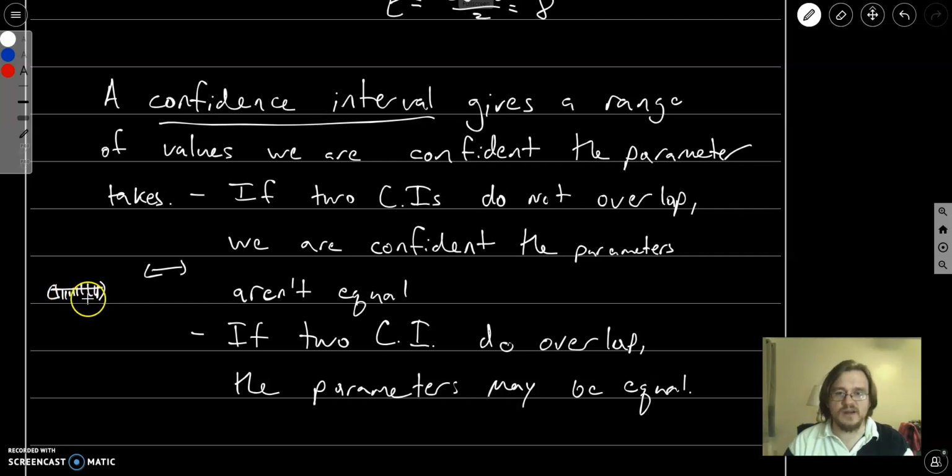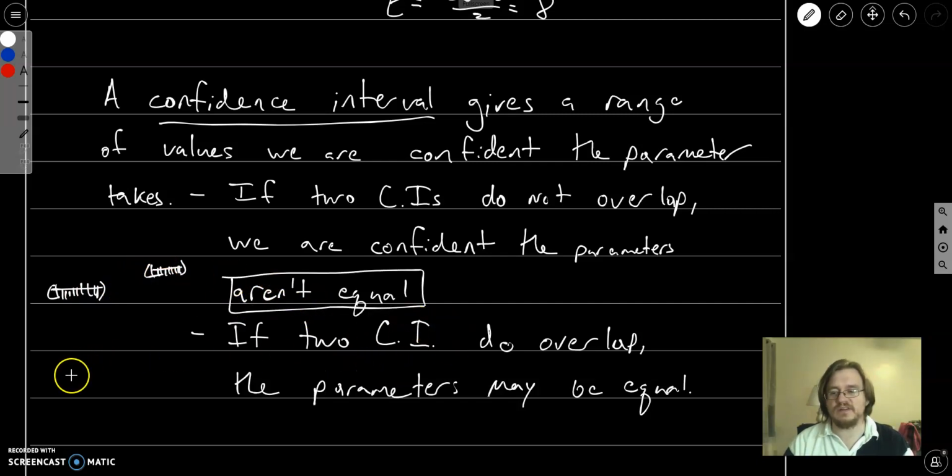We don't know exactly where, but we're confident that it's down here. And we're confident that the mean of whatever value this refers to is going to be up there. So we're confident that they can't be the same.